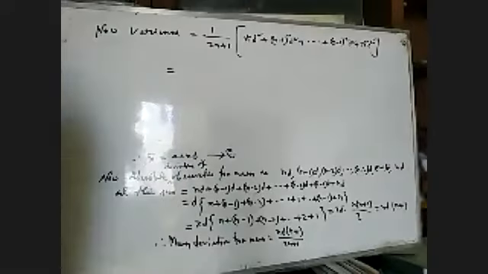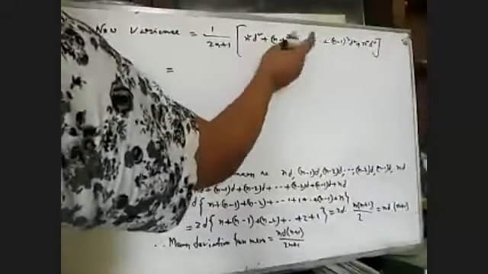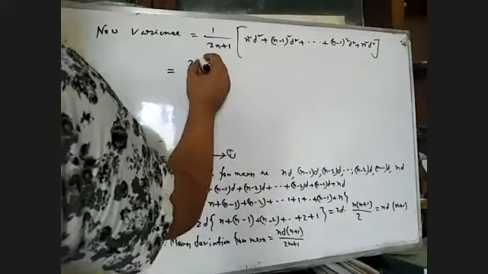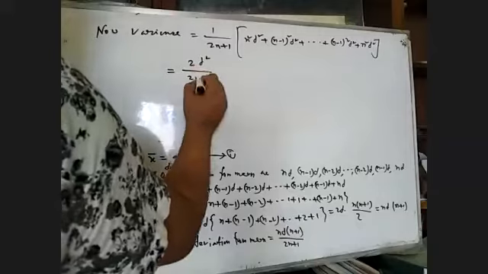This equals to, d square will be common, n square d square how many? 2 times. So 2 d square will be common, divided by twice n plus 1.